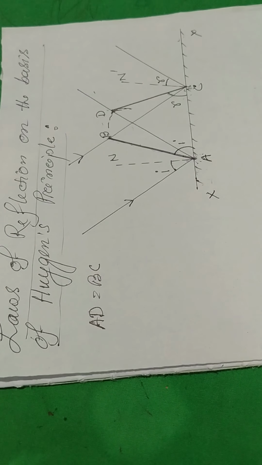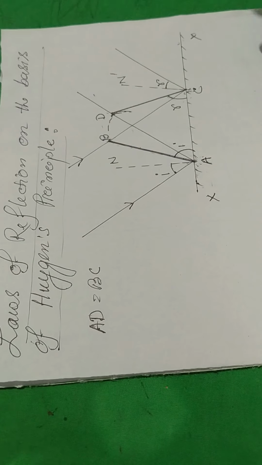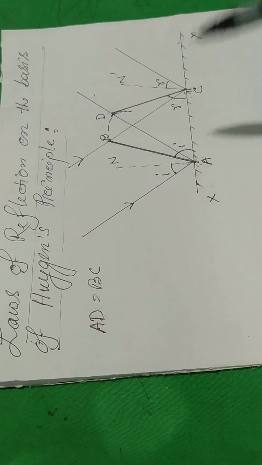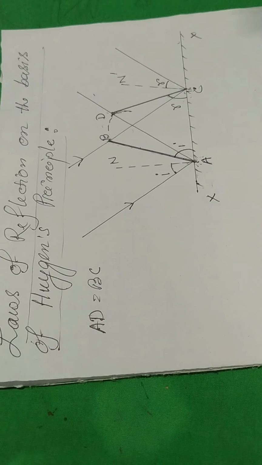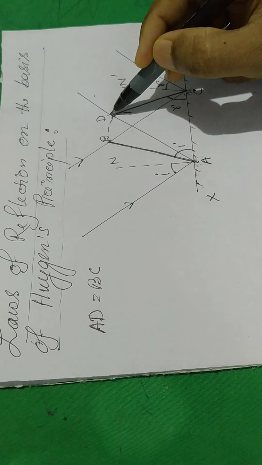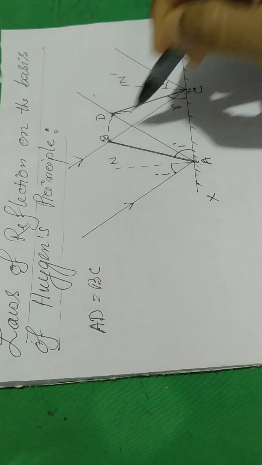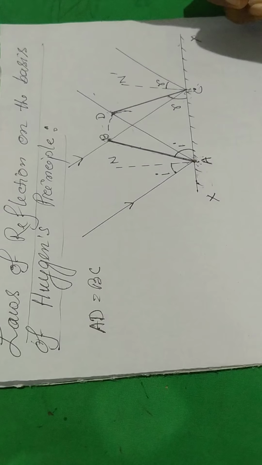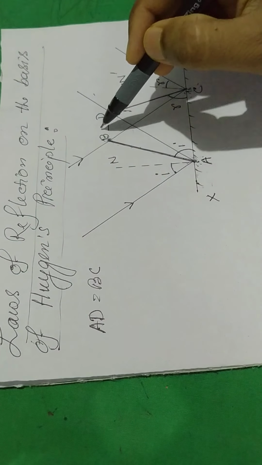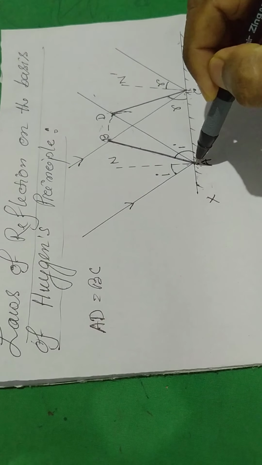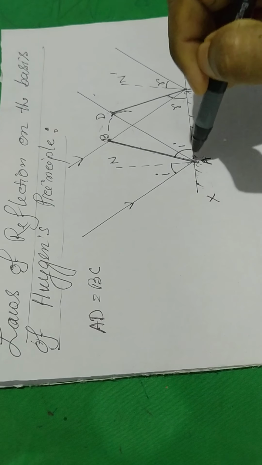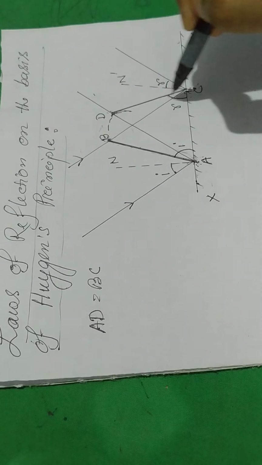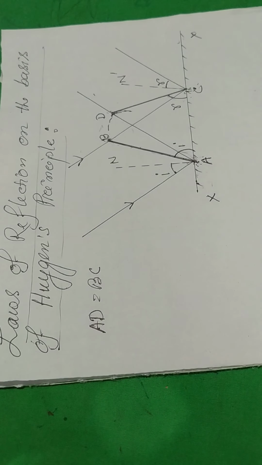Here A acts as the center with radius AD or BC, and a sphere is drawn. This is the sphere with respect to center A, and AD is the radius.